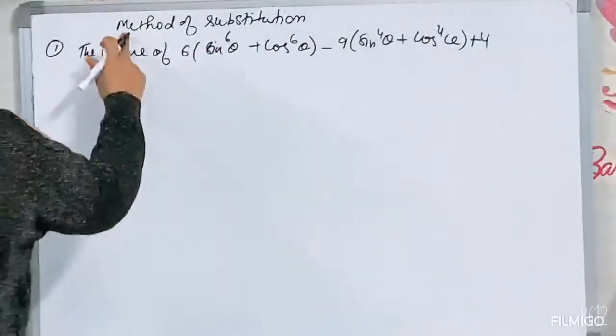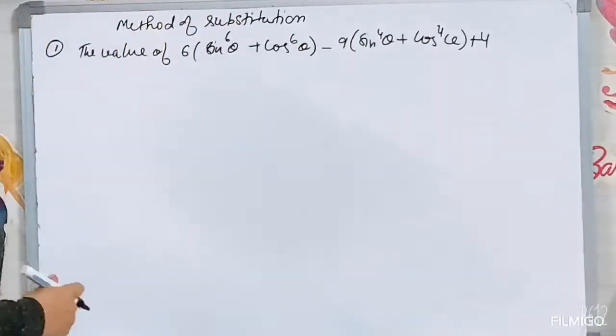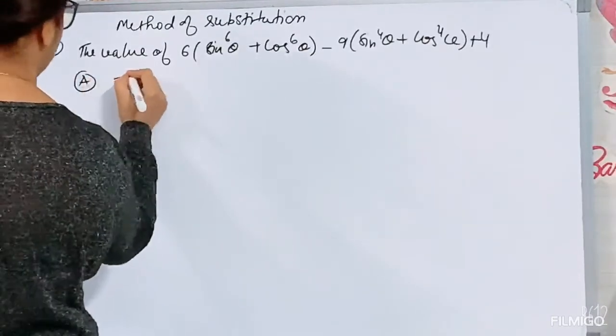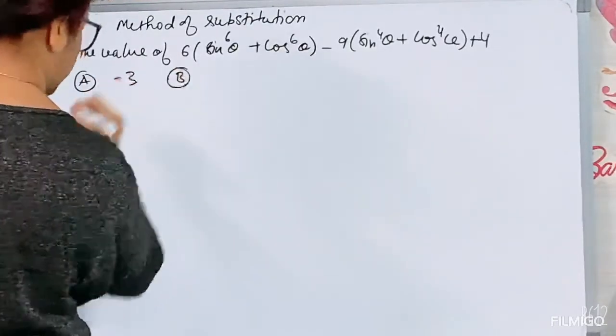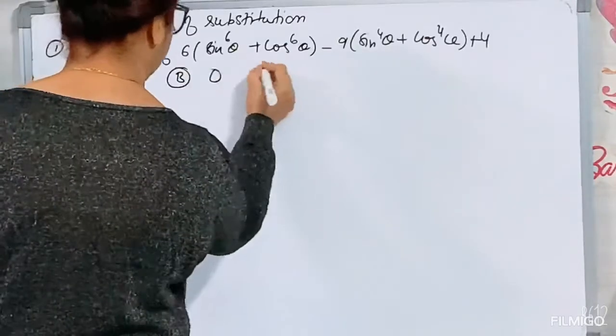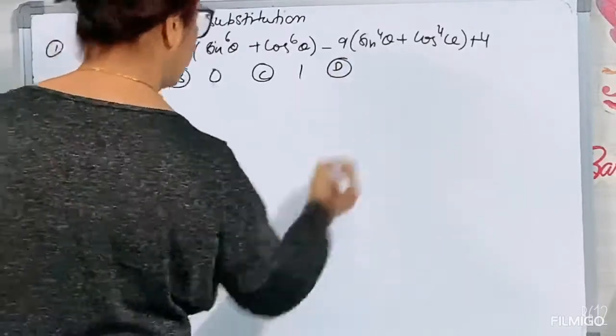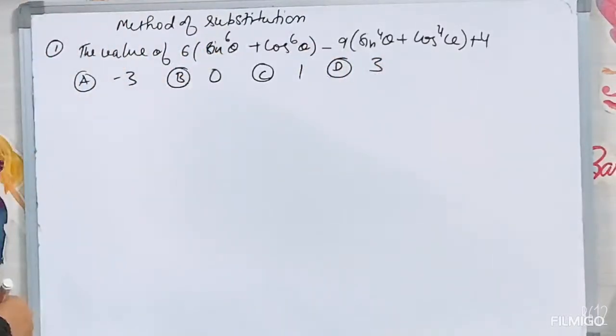I wrote method of substitution. Let's put some values. I didn't write the options. Let's write the options first. A is minus 3, the first option, and B is 0, and C will be 1, and D will be 3.